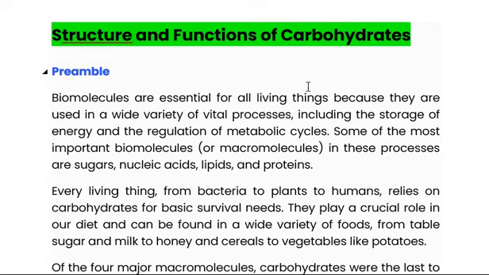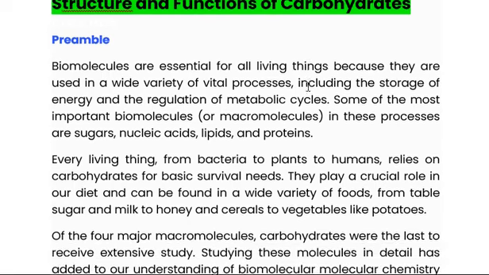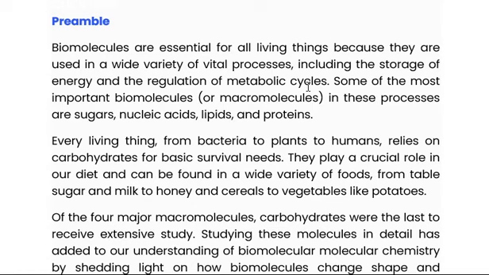Some of the most important biomolecules or macromolecules in these processes are sugars, nucleic acids, lipids, and proteins. Every living thing, from bacteria to plants to humans, relies on carbohydrates for basic survival needs.